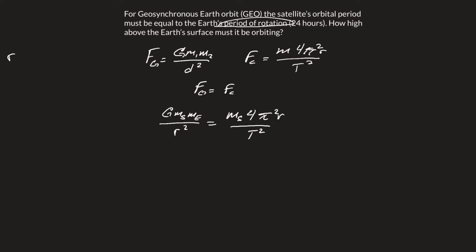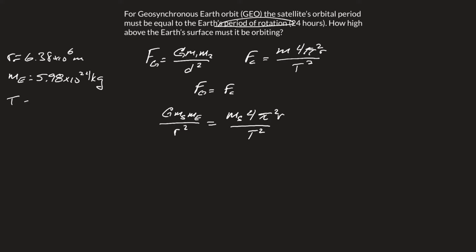We know more than we kind of think here. The radius of the Earth is 6.38 times 10 to the 6 meters. The mass of the Earth, which we also know, is 5.98 times 10 to the 24 kilograms.